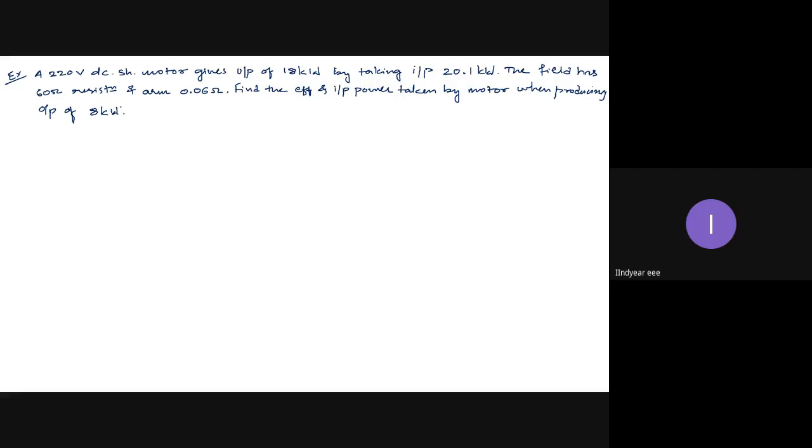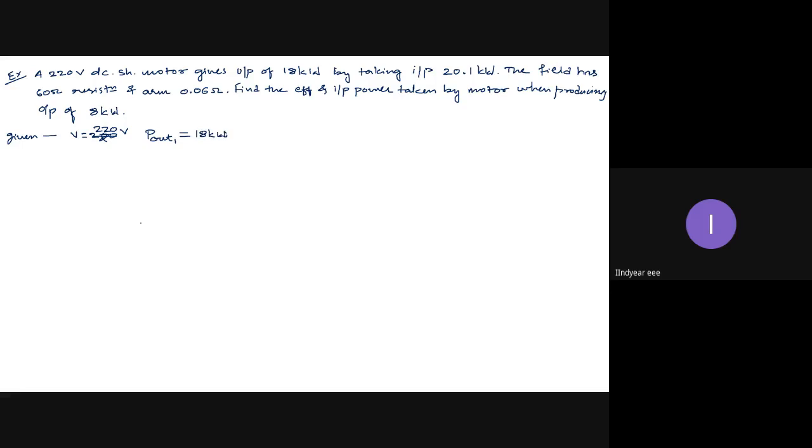So this is altogether a different type of example using Swinburne's test. A lot of reverse calculations we should do in this example. So given V is 220, let me take P out 1 as 18 kilowatt, because we don't know whether it is at full load or no load.